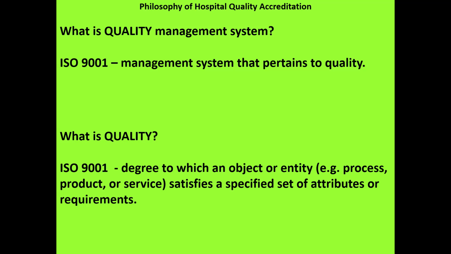Quality is defined by ISO 9001 as the degree to which an object or an entity, for example a product, a process, or a service being offered by an enterprise like the hospital, satisfies a specified set of attributes or requirements. So the degree to which an object satisfies a certain set of requirements. This is the definition of quality by ISO.